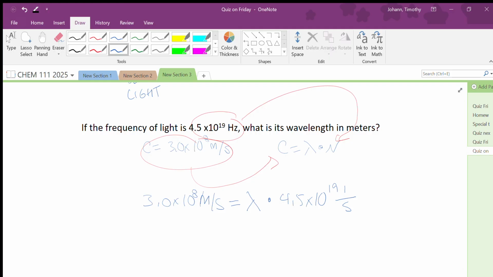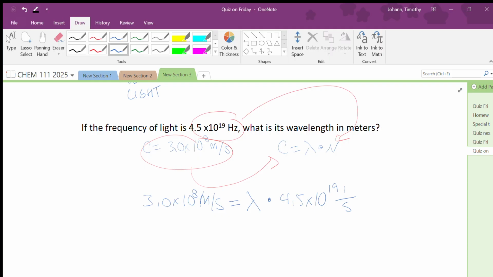So now we've got this arranged a little bit differently, but we're doing algebra, right? I can do anything to one side of the equation as long as I do it to the other. Do you see that I have seconds on this side on the bottom, and I have seconds on this side on the bottom? Everybody see that?